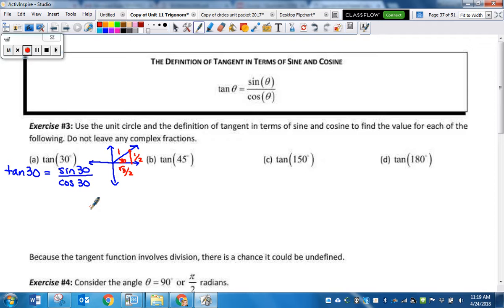I'm taking sine, so tan 30. The sine of 30 would be the y value, so 1/2. So sine 30 is 1/2. And I'm dividing that by the cosine 30, which is my x value. So dividing it by radical 3 over 2. Okay, so you're back to that stuff we did before, complex fractions, right? One fraction divided by another fraction. Actually, you're back to middle school. What's the mnemonic?